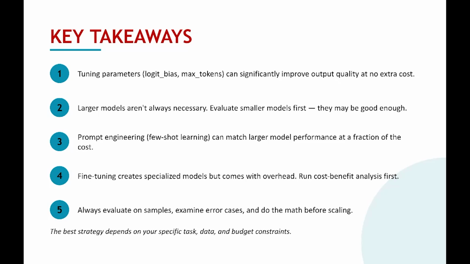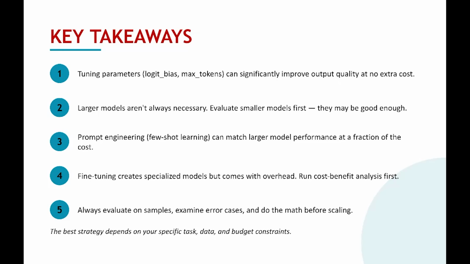So these are our key takeaways. To summarize, first, parameter tuning like logit bias and max tokens provides free quality improvements. Second, don't default to the biggest model. Smaller models are dramatically cheaper and often sufficient.